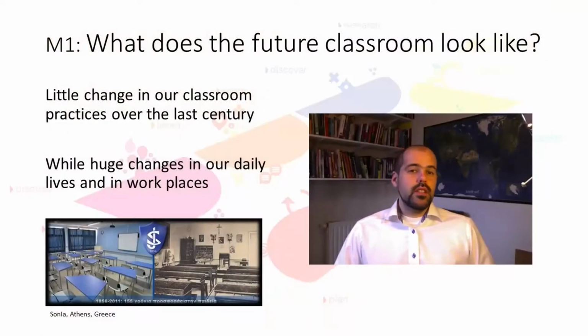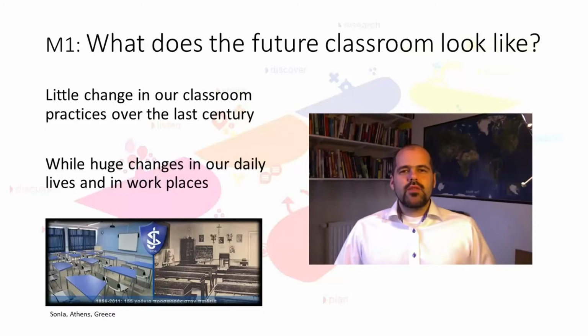Now, Module 1 was an exciting one, at least for us, and not only because we crashed the tri-sided tool together. There were lots of ideas in here and lots of inspiring thoughts shared by many of you about why and how we should change our classrooms. I think the key idea here that links into the question of why we should change our classrooms is the fact that we have seen very little change in how we organise our classrooms and how we teach and learn over the last century, while at the same time there have been massive changes to our daily lives and our workplaces.